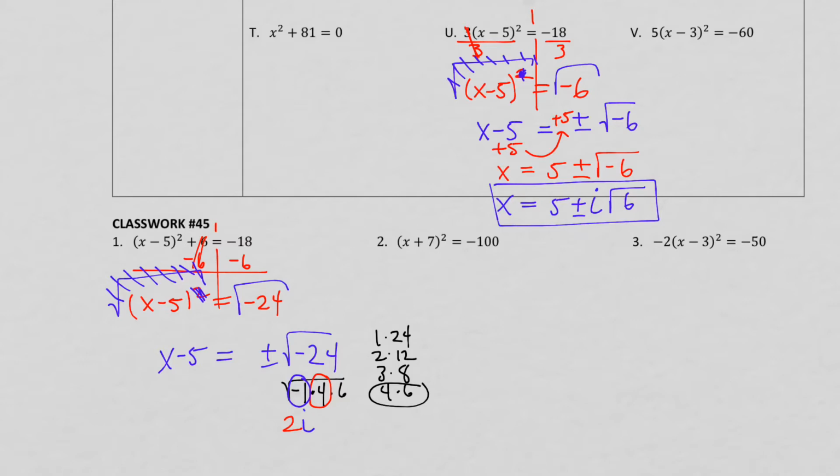So very quickly here, this is now going to be 2i radical 6, and that's just this radical negative 24. So this becomes 2i radical 6. To finish the question, I still have this minus 5 that I have to move by adding 5. And so I end up getting x equals 5 plus or minus 2i radical 6.